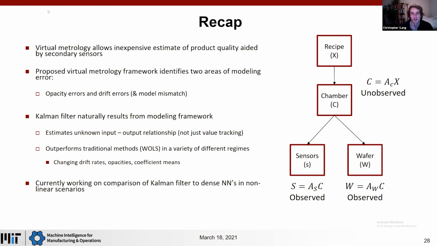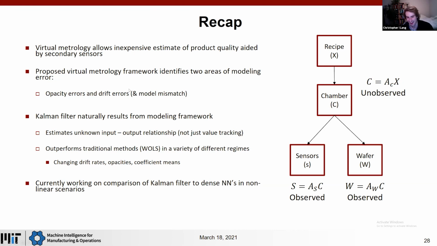So, to summarize all of this, virtual metrology is a really useful tool for making inexpensive estimates of product quality aided by secondary sensors in a system. And I came up with this framework that is used to identify 2 main sources of modeling error: opacity error, where you don't have full information about what's going on inside of the system, and drift error, changes in the system over time.